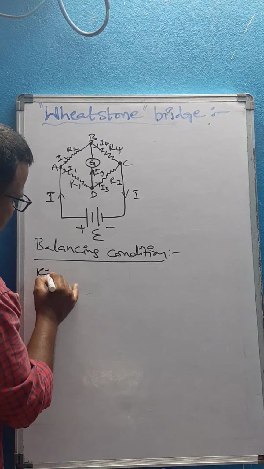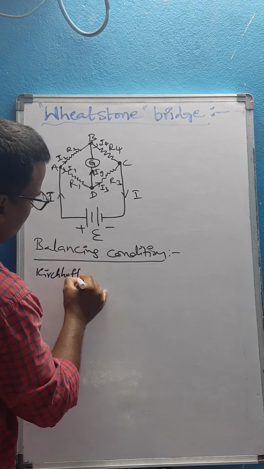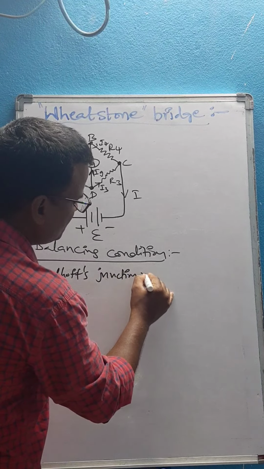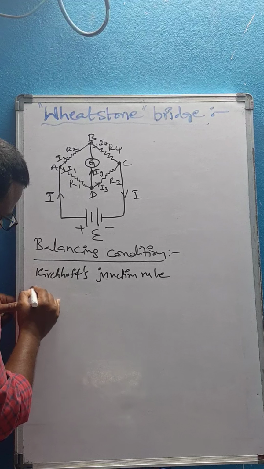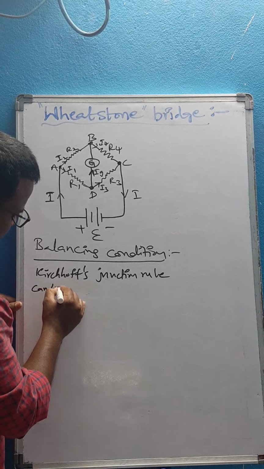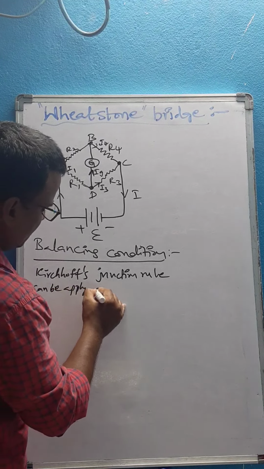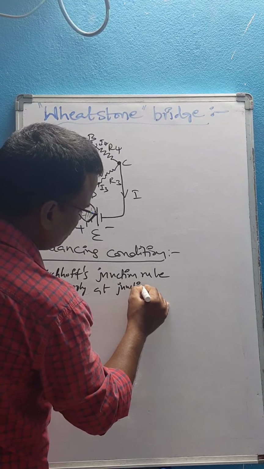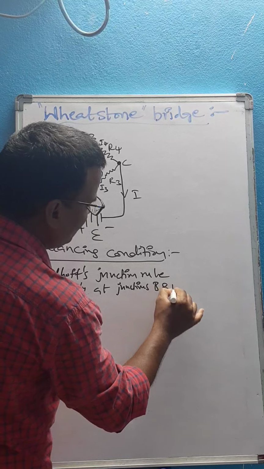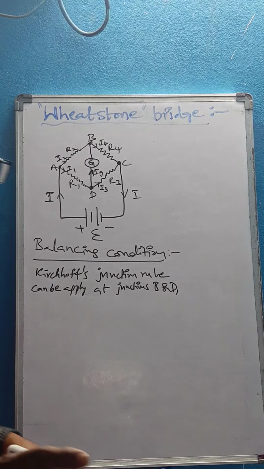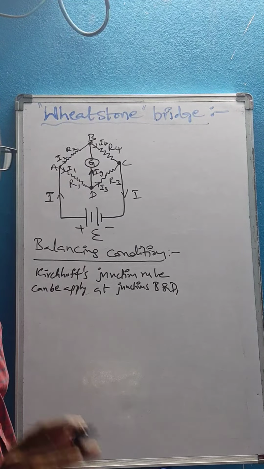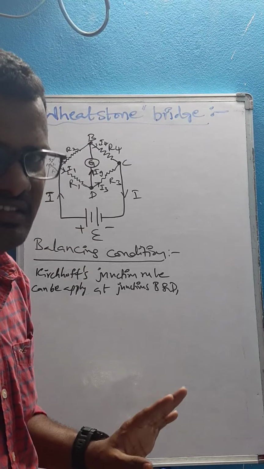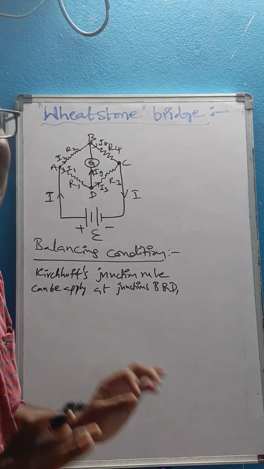Kirchhoff's junction rule can be applied at junctions B and D only. So not at A and C. Why? Because A and C are not considered as junction points.